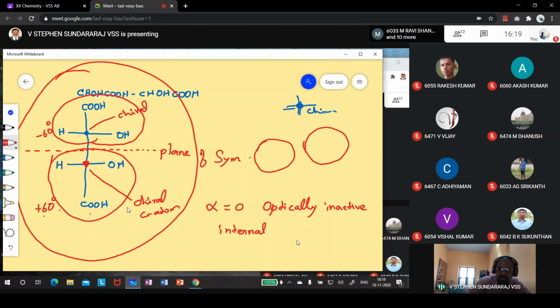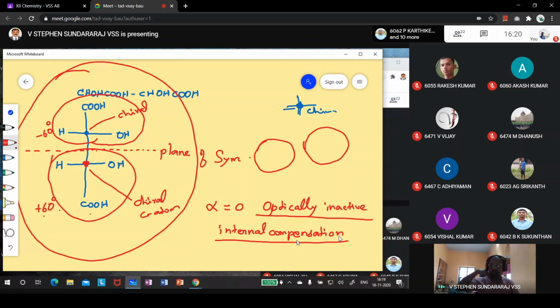But here it is not like that. In one molecule itself, one portion's rotation is cancelled by another portion's rotation. This is called internal compensation. So all of you write down that point: the meso form is optically inactive due to internal compensation.